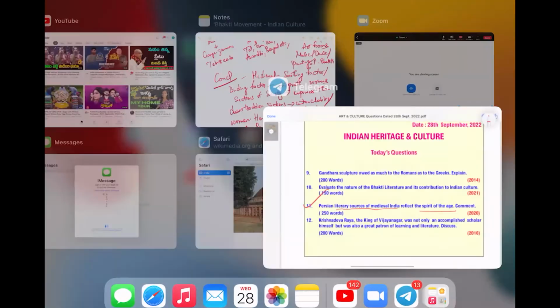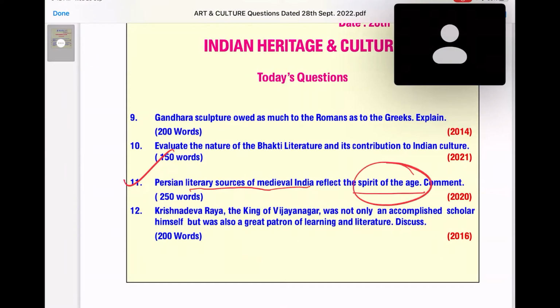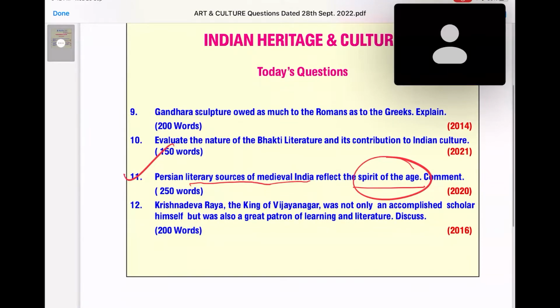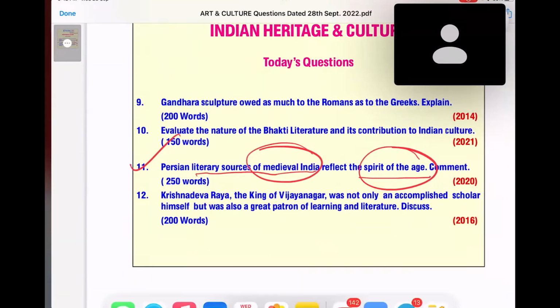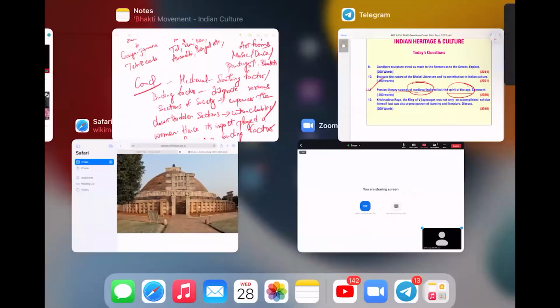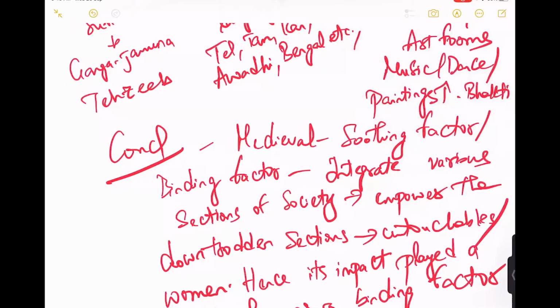Okay. So when it comes to this question, Persian literary sources of medieval India reflect the spirit of age. So they are asking in what way the Persian literary sources of medieval India are reflecting the spirit of age. Please comment. That is their question.